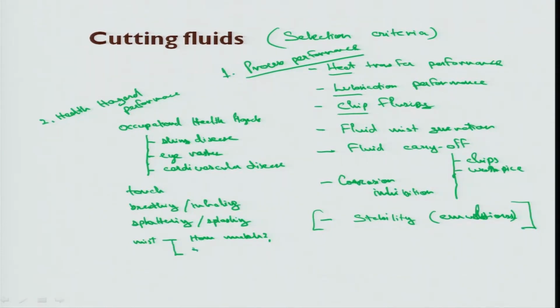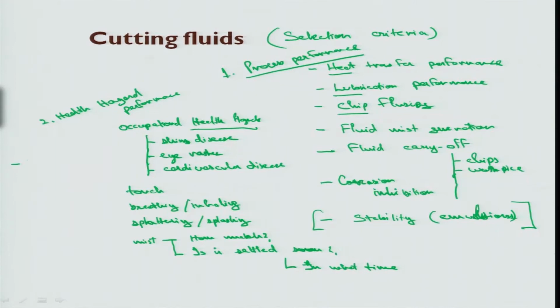So is it settled soon? Now in what time? So these are the factors that affect the occupational health here, the health of the operator who is using this machine. Now the mechanisms include the chemical toxicity of the fluids as well.